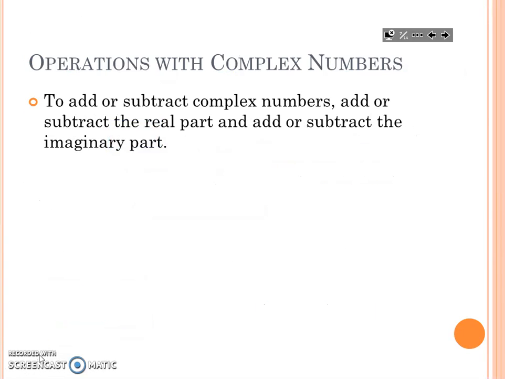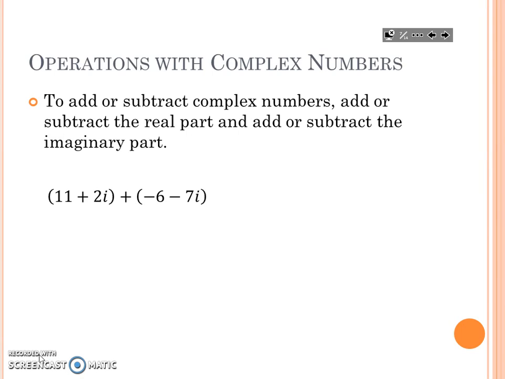All right, now we're going to talk about operations with complex numbers. Okay, so starting out, to add or subtract complex numbers, you're going to add or subtract the real part and add or subtract the imaginary part. So basically, you're going to pretend like your i is just a variable, and you're going to combine like terms. Okay? So if I have 11 plus 2i plus negative 6 minus 7i.